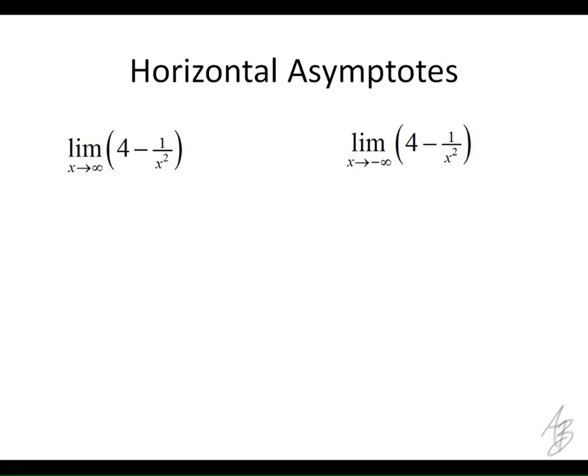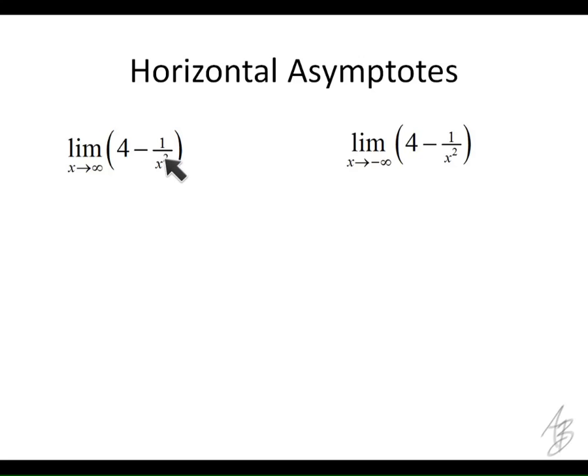With those ideas we just talked about, we can use direct substitution in infinite limits. Or at least we can use the idea of direct substitution. So what we have going on here is 4 minus 1 over x squared, and x is getting really, really big. If we plugged in a really big number here, the number in the denominator is being squared, so not only is it really big, but it's a really big number being squared.